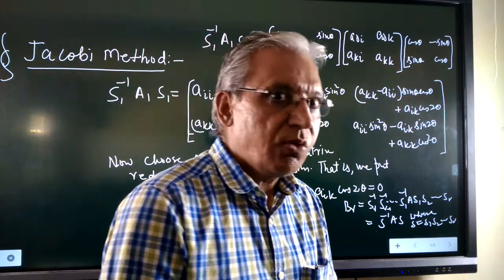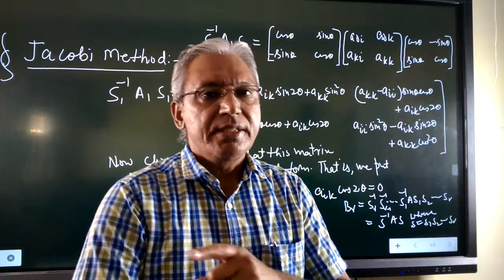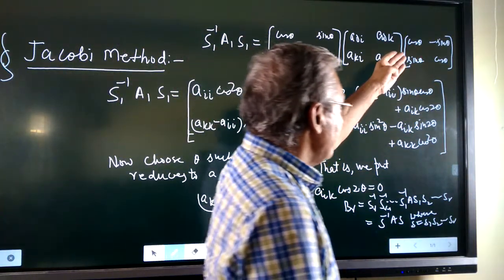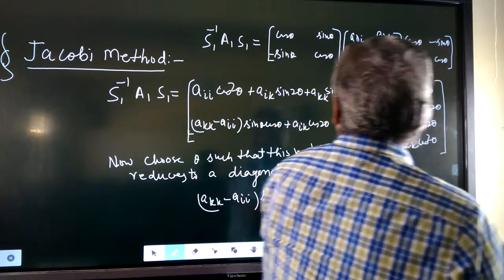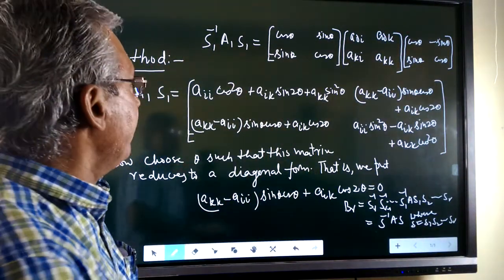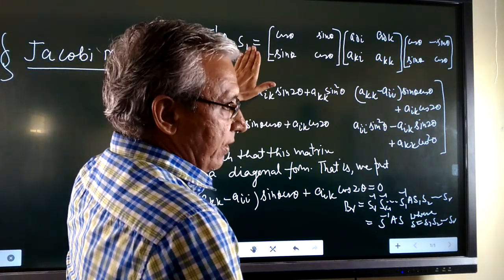Therefore, first of all, we diagonalize this 2 by 2 matrix by using the orthogonal matrix cos theta, minus sin theta, sin theta and cos theta. So the first rotation is given by S1 inverse A1 S1.